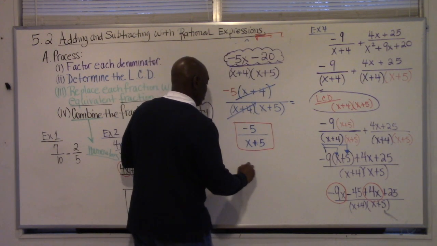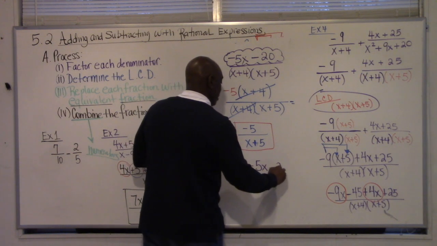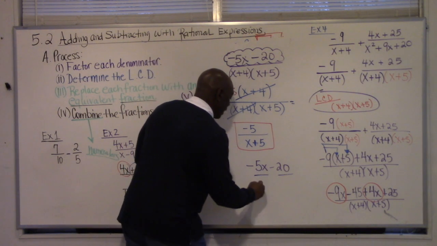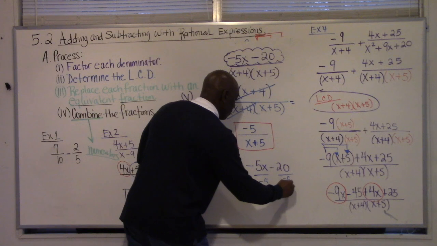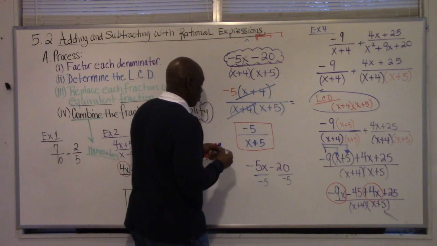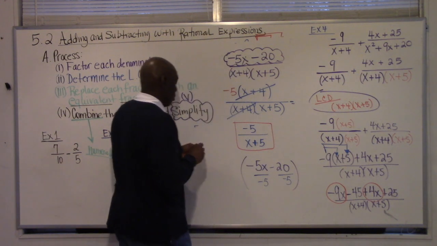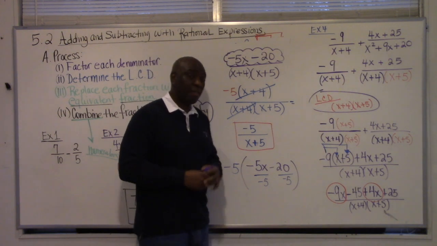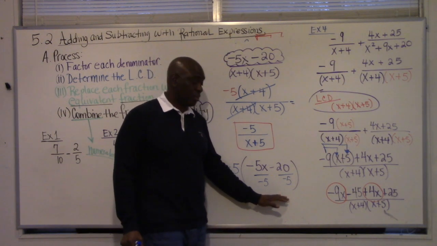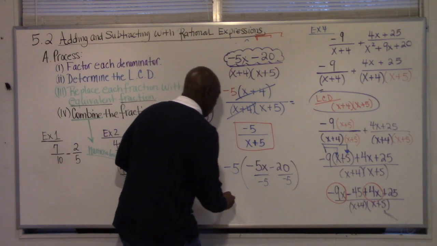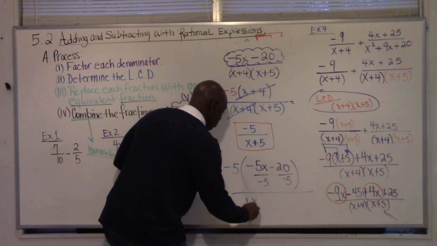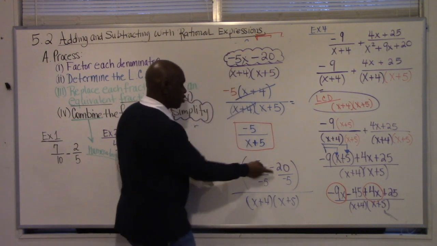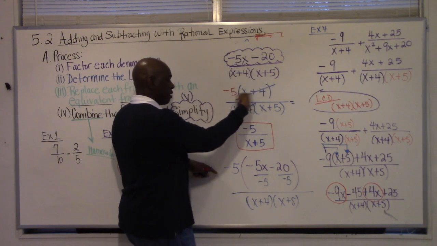If I were to take each term in -5x minus 20 and divide by -5, then I would also have to multiply by -5. If I divide by -5, I must also multiply by -5, all over x plus 4 times x plus 5.